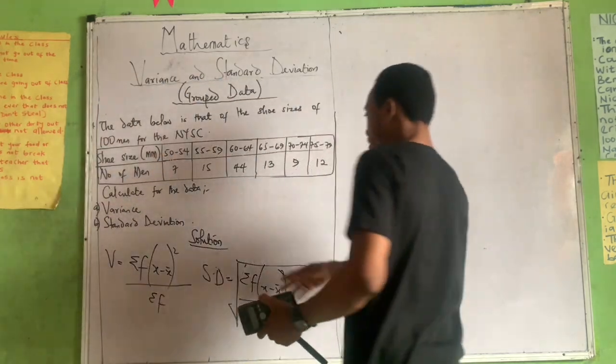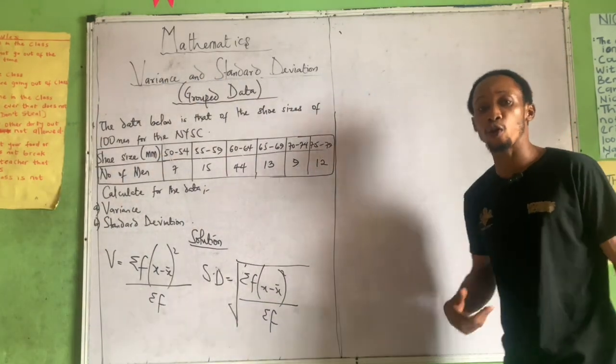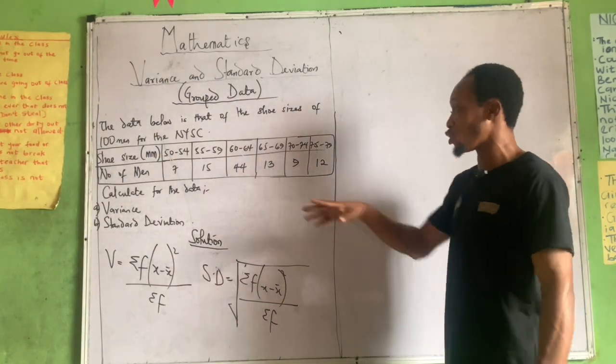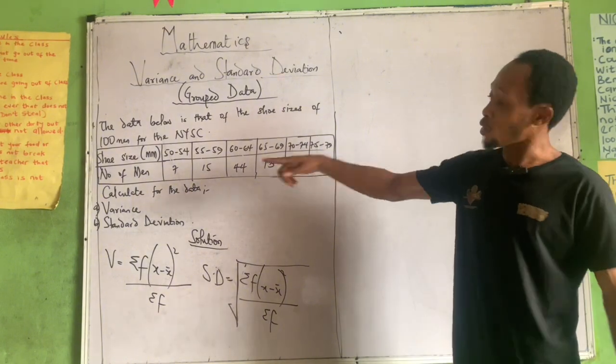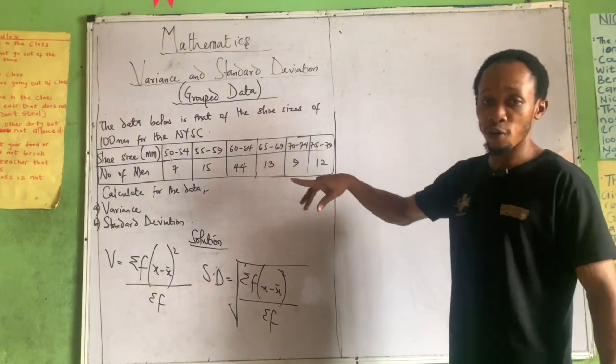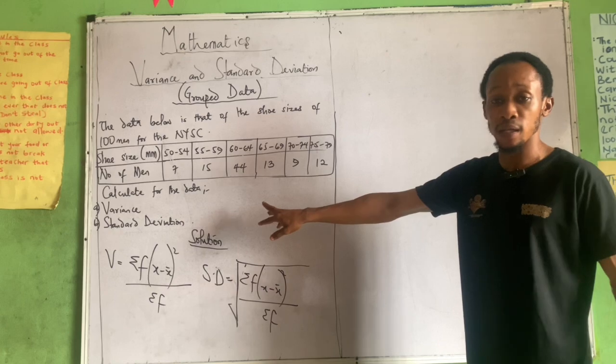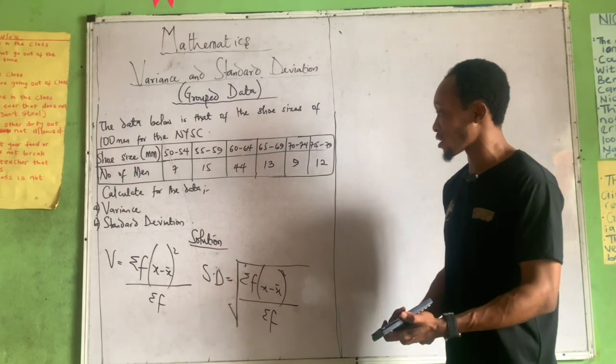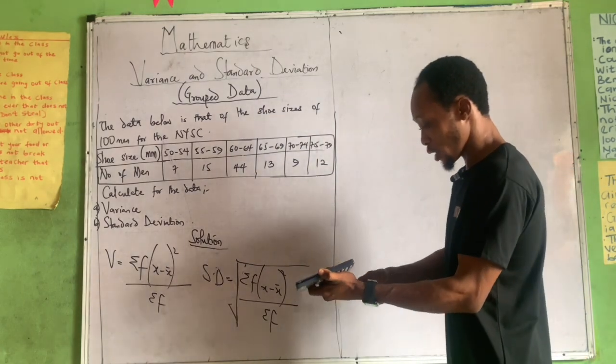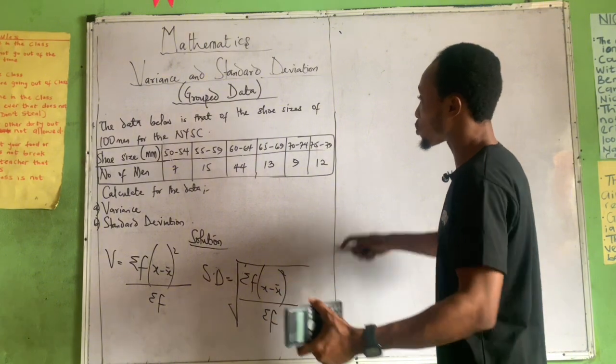So in this case now we have to create our table. Unlike your ungrouped data, whereby you don't need to create a table and you just solve it directly, you can refer back to one of my classes where I did the ungrouped data of variance and standard deviation, if you want more knowledge on that. Now let's proceed.